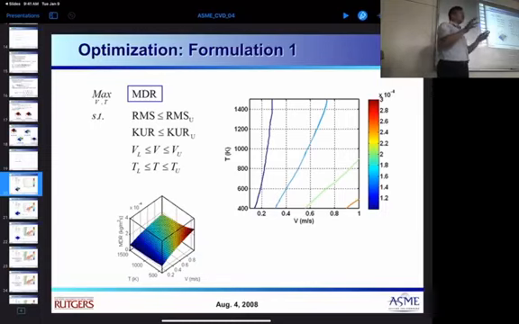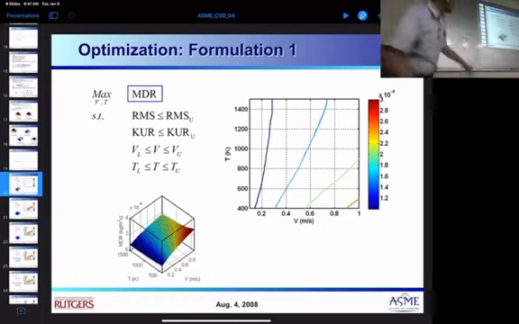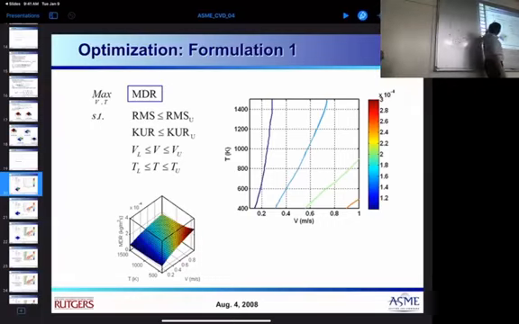Kurtosis is like a statistical analysis representing the profile. Basically, if it's too large, the uniformity is bad. Okay? So that's why I said the root mean square and kurtosis has to be smaller than some limit. If it's too large, it's not uniform. If they are within a range, it's reasonably uniform.